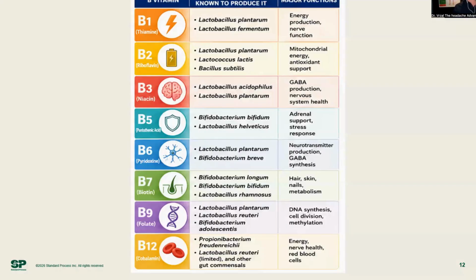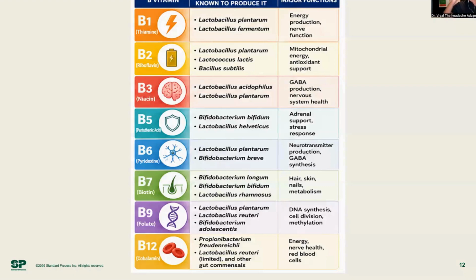So niacin is for cholesterol and blood pressure and cardiovascular function. GABA production, huge there. B6 is ultimately the main one for GABA production, and GABA is what helps us be chill, right? Helps us think before we speak.